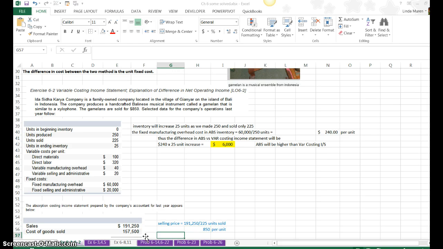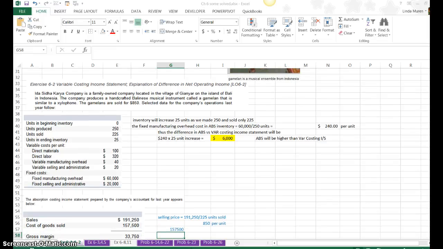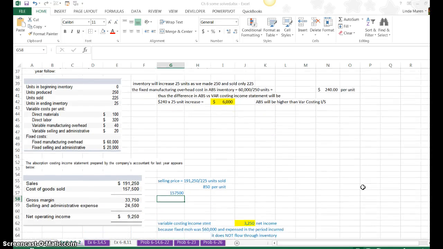The cost of goods sold here is going to be that absorption costing cost of goods sold. You have 225 units, and you have to multiply it by that $700 per unit of cost. So you can see that I just came up with the $157,500. And of course, gross margin being the difference between the two.